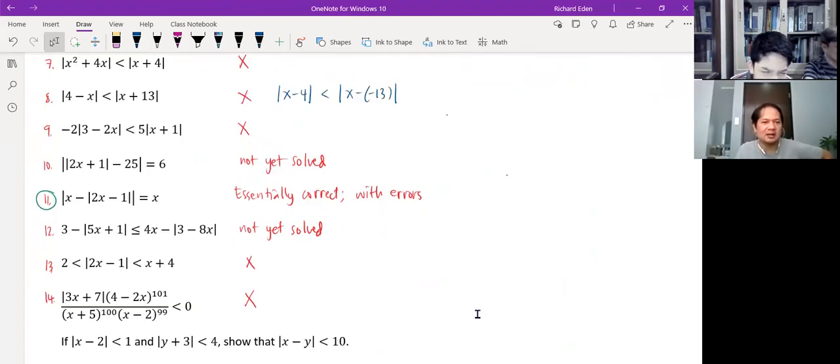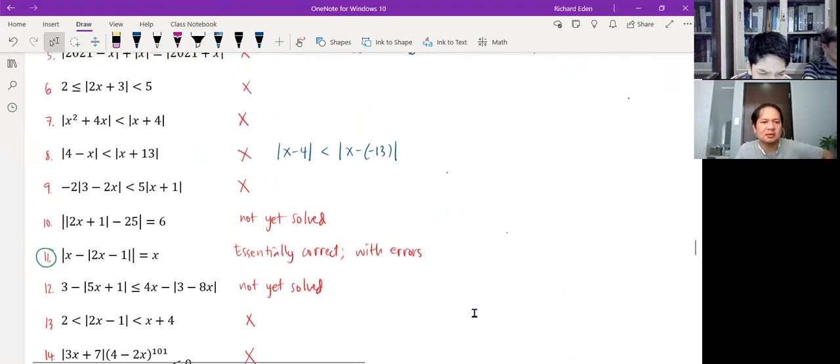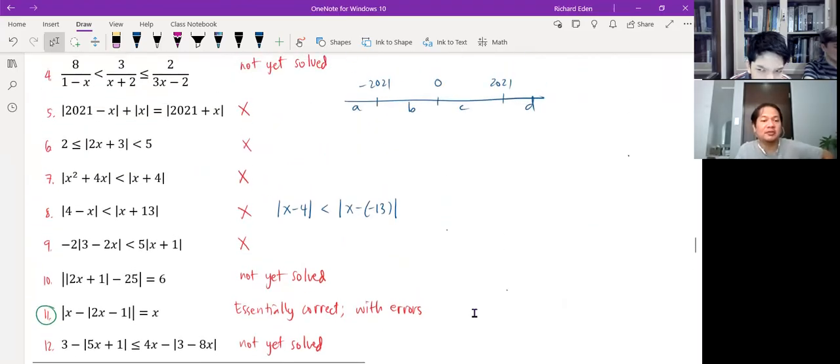It can be handled that way. Okay, number 12. Also number 5. Number 5 and number 12 are related to each other. Number 5 is an equation, number 12 is an inequality. Okay, number 6.